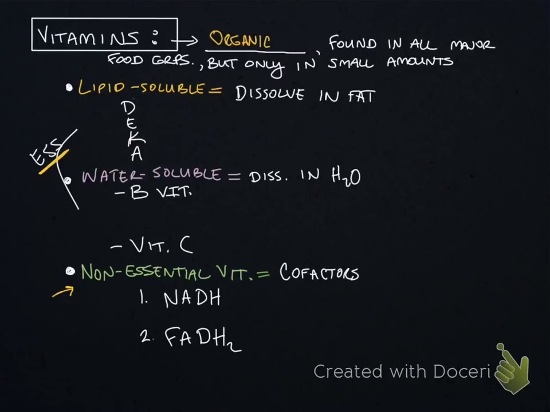The lipid solubles are vitamin D, E, K, and A. Vitamin D is used for the absorption of calcium from the GI tract. Vitamin E helps to protect cell membranes.